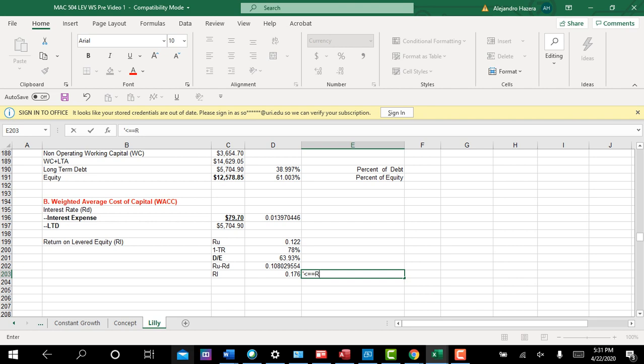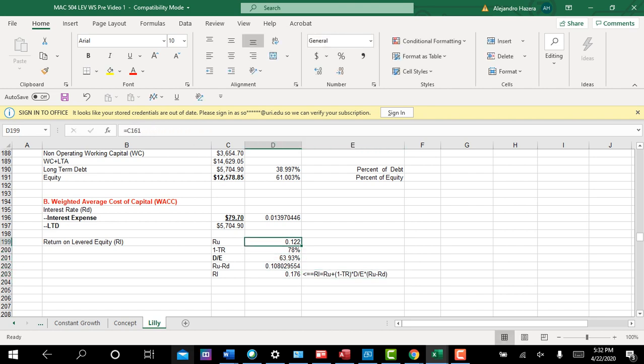The return on levered equity is equal to the return on unlevered equity plus 1 minus the tax rate, times, this is all a product, the rest of this, the debt to equity ratio, times the difference between the return on unlevered equity and the interest rate that I just calculated. So that's what that number is, and all the variables are right here.